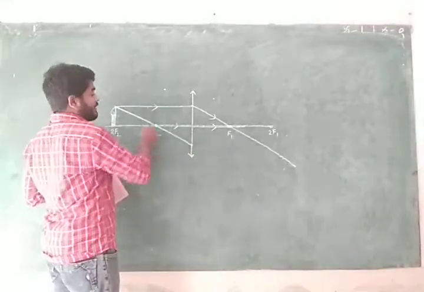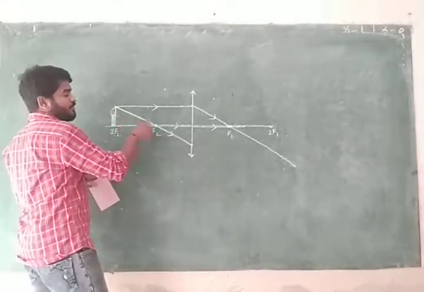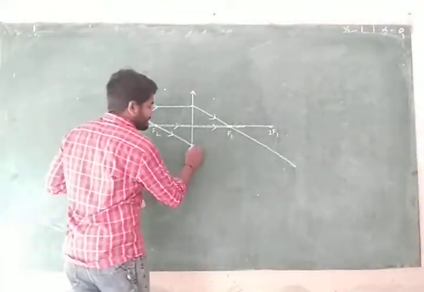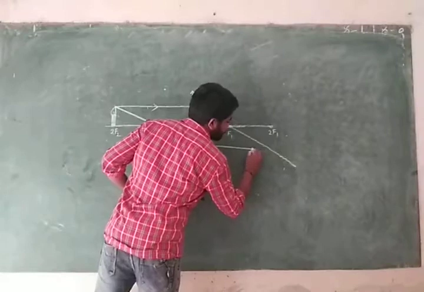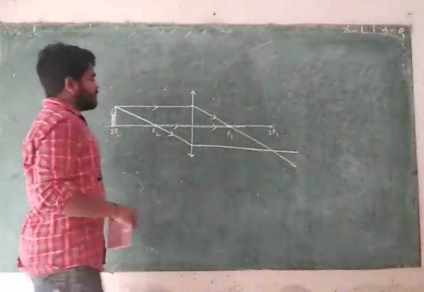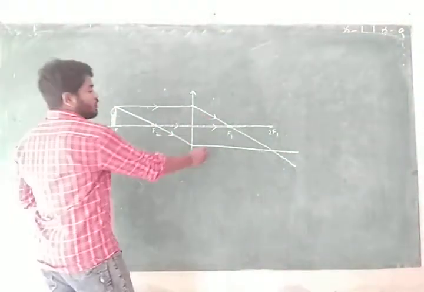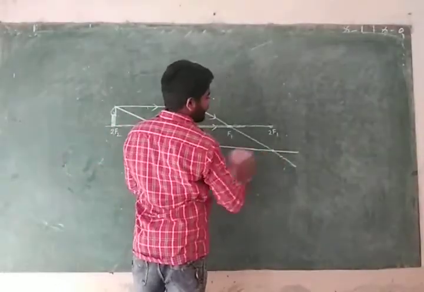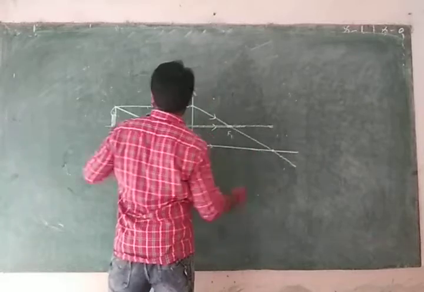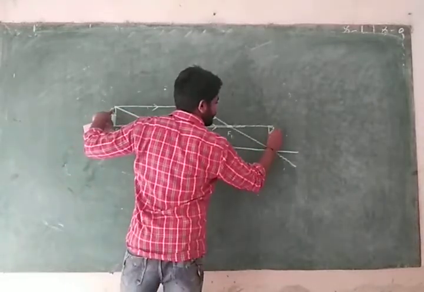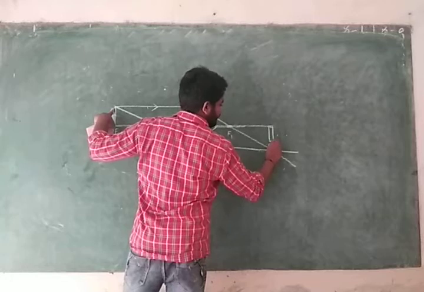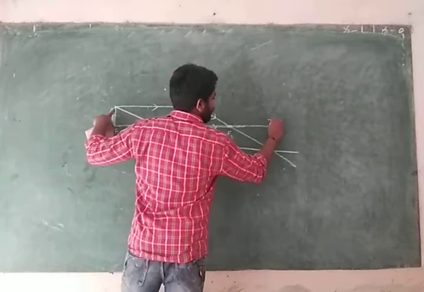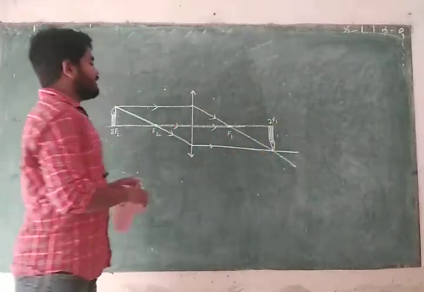After refraction, it will be parallel to the principal axis. See now, the two refracted rays are meeting at this point. That means the image of this object will be formed here, at 2f1.